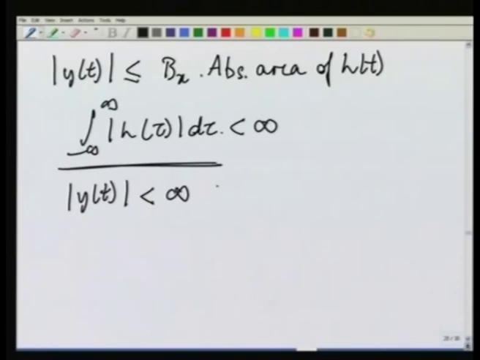Therefore, we will have a bound for y(t). In fact, a bound for y can be found in the form Bx times the absolute integral of h(t).